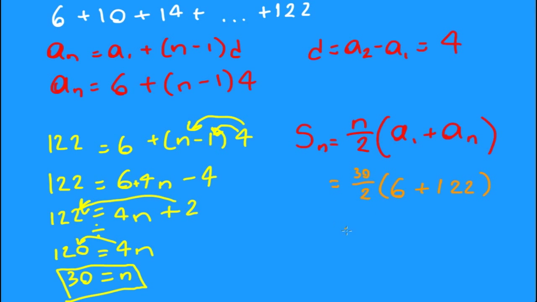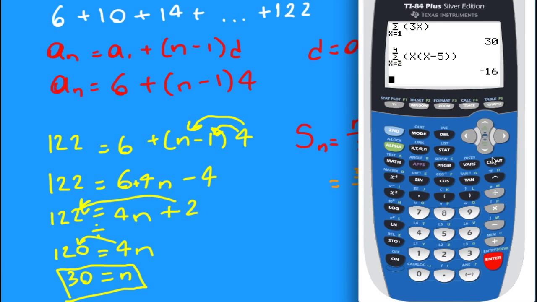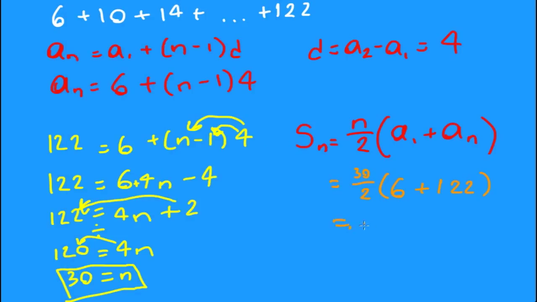So 30 over 2 is 15, times 128. That is 1920. That is our answer. That is the sum.